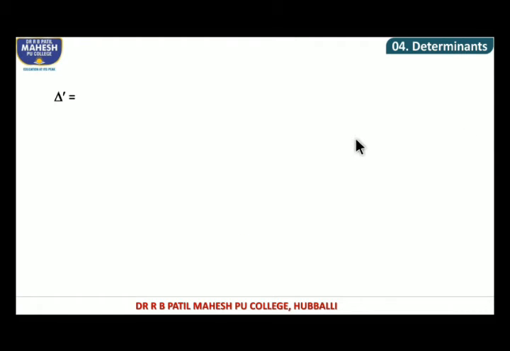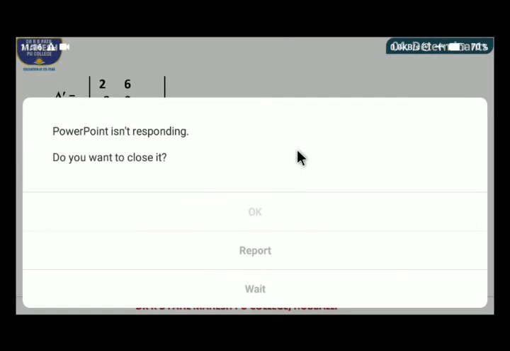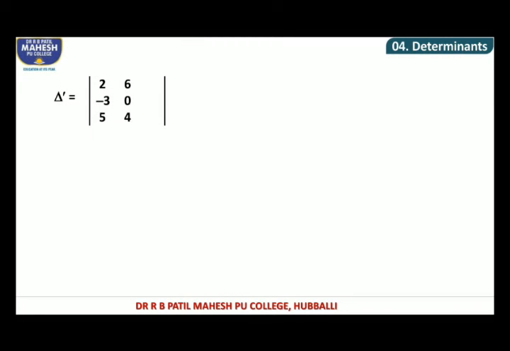Delta dash is equal to, after interchanging, we have 2, minus 3, 5 for the first column, 6, 0, 4 for the second column, 1, 5, minus 7 for the third column.